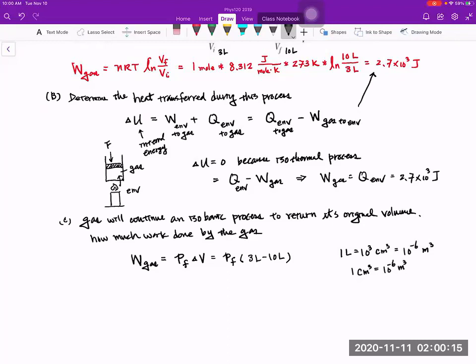So if I multiply with 10 to the third, this one should be negative 3.